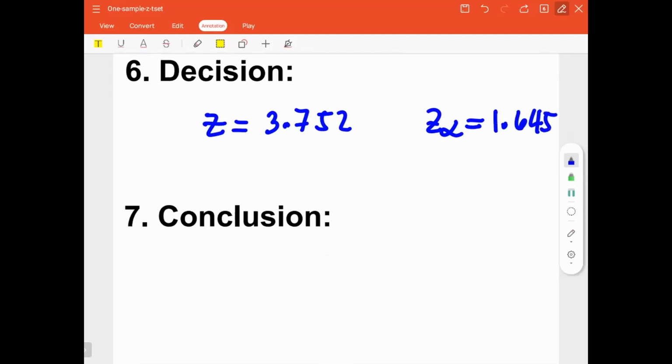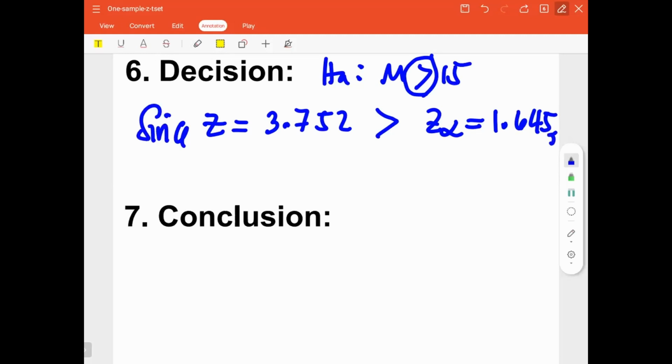Sabi natin kanina, given HA, which is mu greater than 15, i-reject natin yung null hypothesis if this were true, kung masatisfy ito. But in this case, well, of course it is. So this z is greater than the critical value z of alpha. So therefore, we say, okay, we now reject the null hypothesis. So, ganun lang guys. Okay?